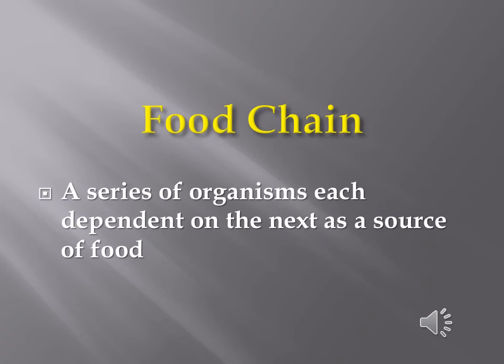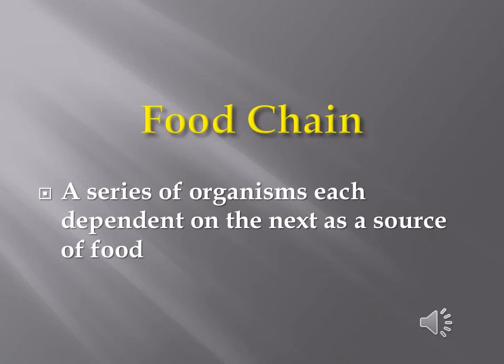Food chain. A food chain is a linear sequence of organisms which starts from a producer organism, or living thing, that produces food, and ends with a decomposer species. A food web is a connection of multiple food chains. A food chain follows a single path, whereas a food web follows multiple paths.